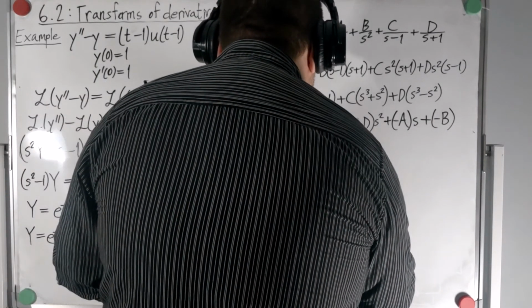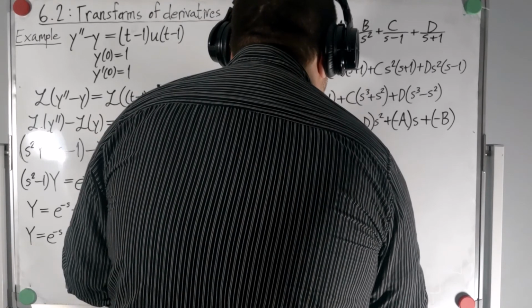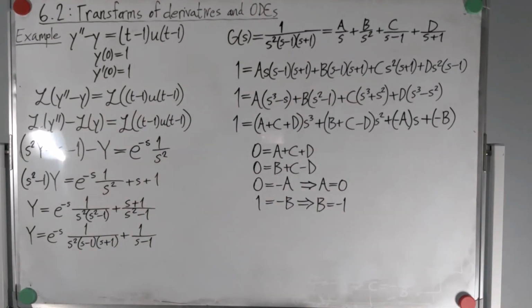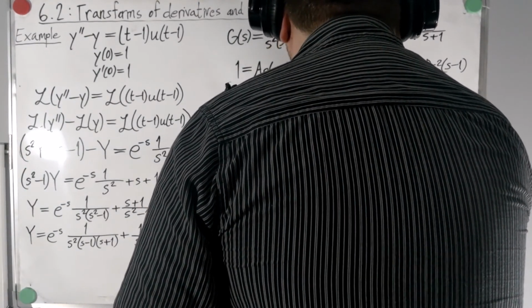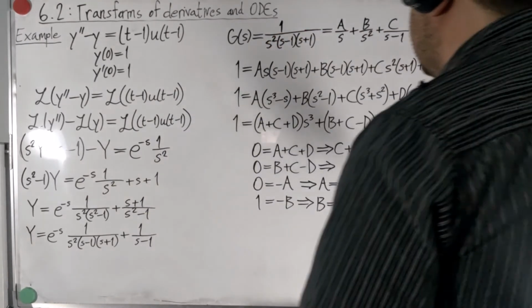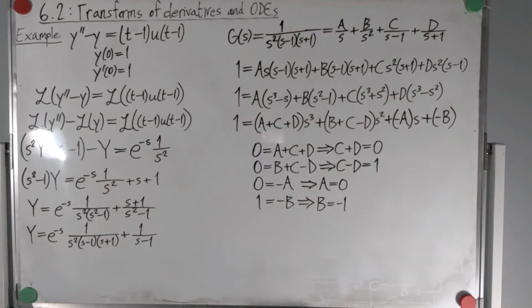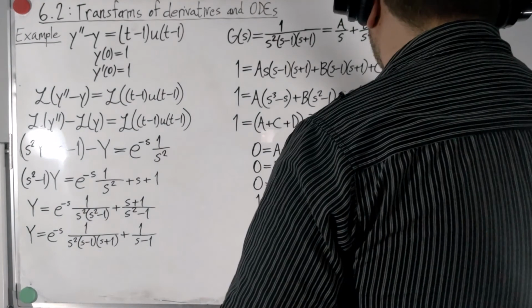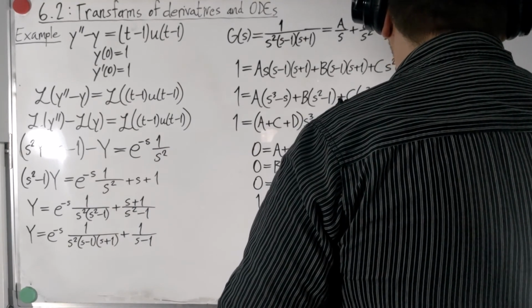Well, that makes it pretty clear that, first of all, A is 0, and that B is -1. The first two equations therefore become C plus D equals 0, and C minus D equals 1. Add these two equations together, and you get 2C equals 1, therefore C equals 1/2.